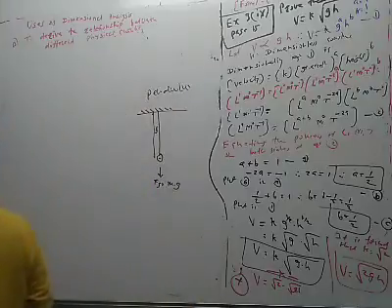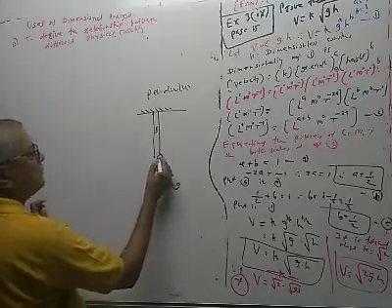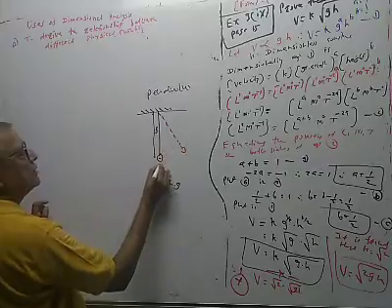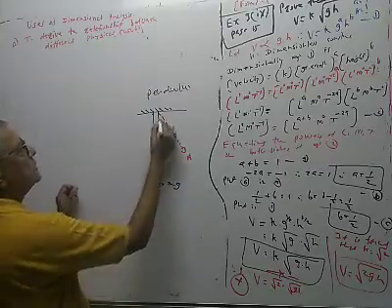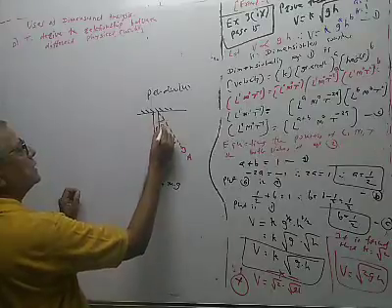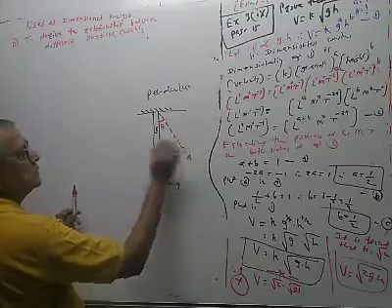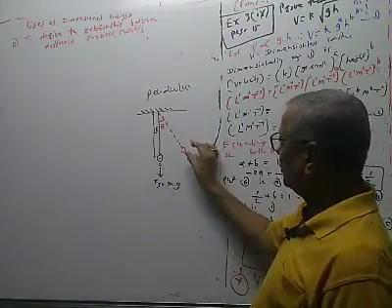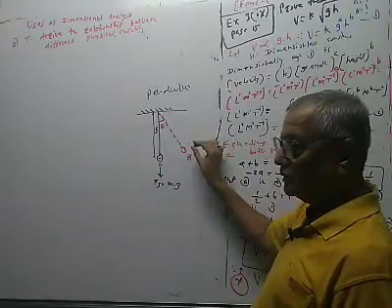Now, if the pendulum is taken sideways, say here, so this is the initial position O, this is position A. So the pendulum is slightly deflected by some angle theta from O to A. And now this bob of the pendulum is in our hand. Now if we release this pendulum, then what will happen?